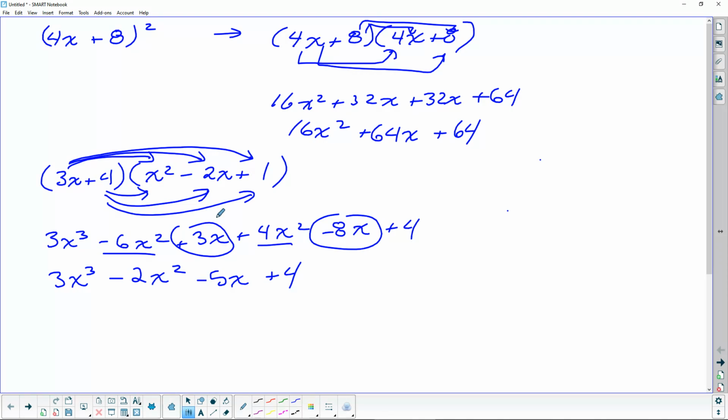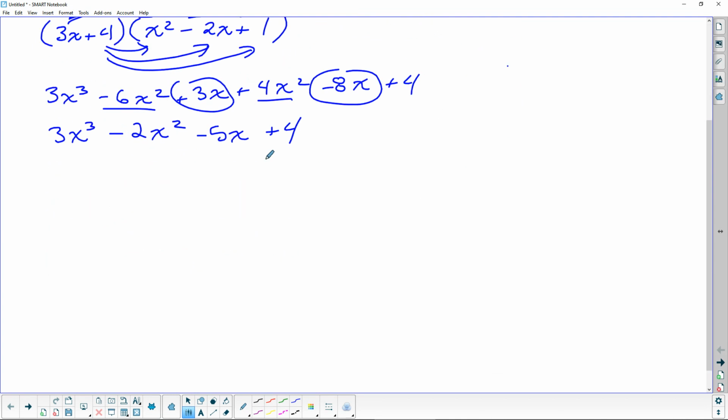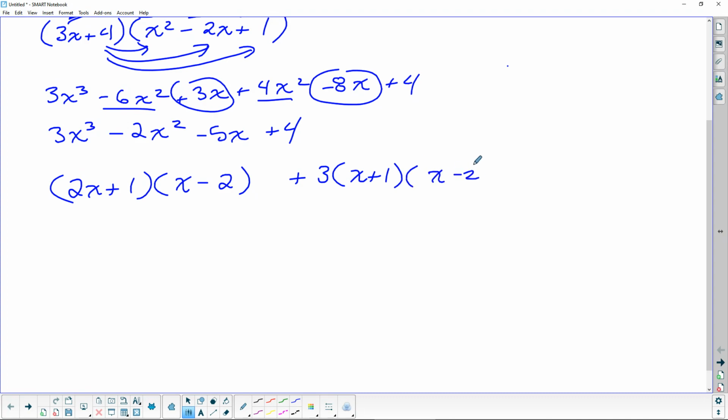So you might have something like 2x plus 1 times x minus 2, and then they might extend it plus 3 times x plus 1 times x minus 2.